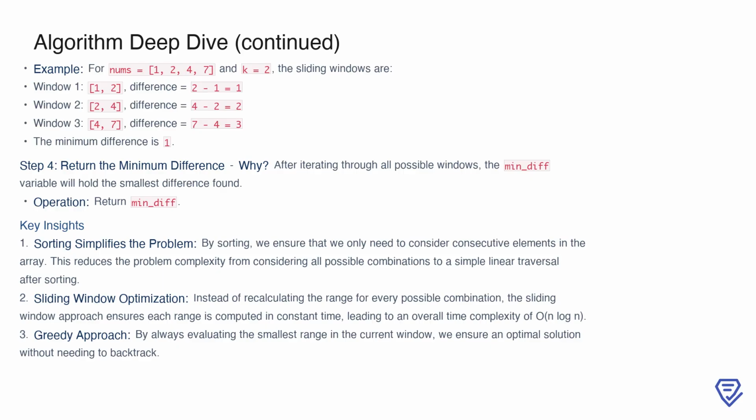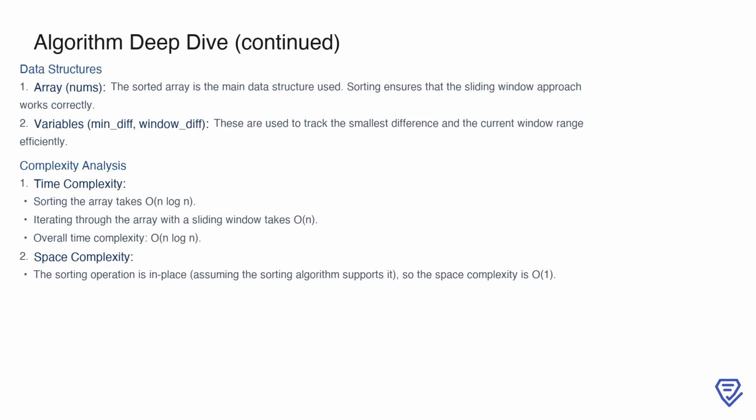The algorithm relies on simple yet effective data structures. The main data structure is the sorted array nums, which ensures that the sliding window approach works as intended. Additionally, we use variables like min_diff to store the smallest difference found and window_diff to calculate the range of the current window. In terms of complexity, the sorting step dominates the time complexity at n log n.